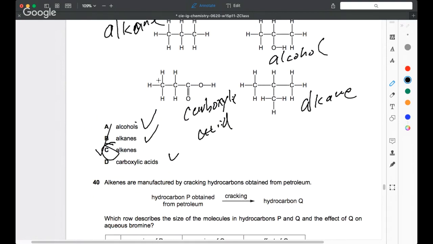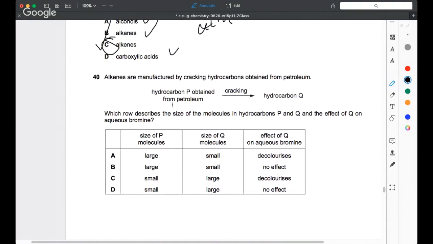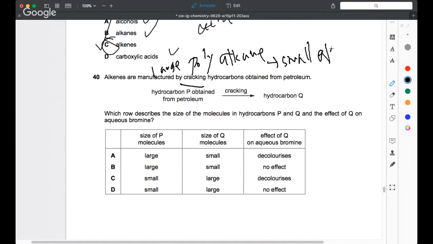Okay, the last question. This is basically the reverse of the polymerization. It's cracking. So we go from large polyalkane to small alkene molecules. So we go from large to small.